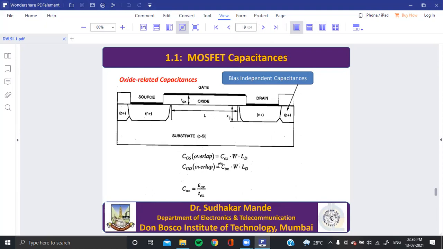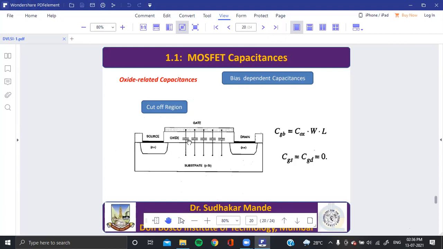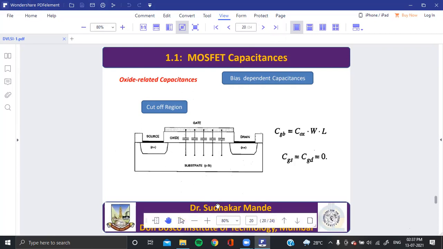They are present in all regions of MOSFET operation, that is saturation, cutoff, as well as linear region. Now there are some capacitances which are bias dependent. For example, when the MOSFET is off, that means the MOSFET is in the cutoff region, which capacitance exists?